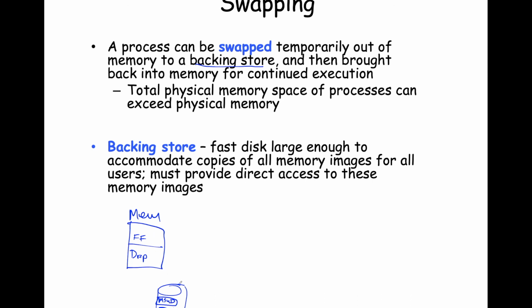So that means you're going to unload the Dropbox process temporarily from memory into a special part of your disk. And that special part of your disk is separate from where you store your programs. So maybe in the top part of your disk, we store programs.